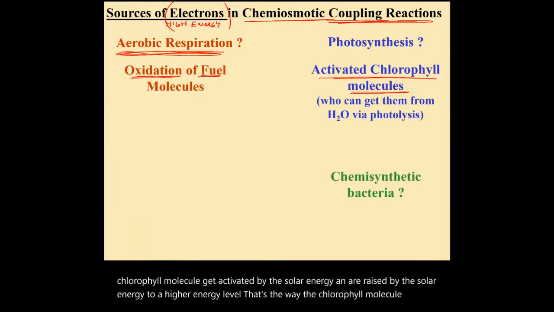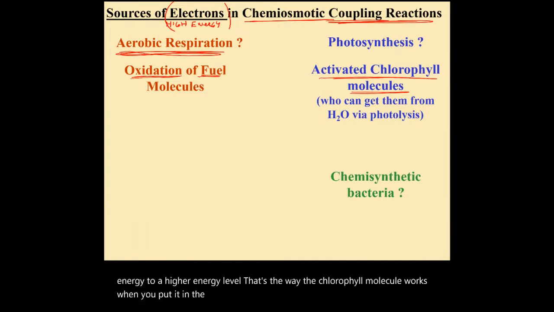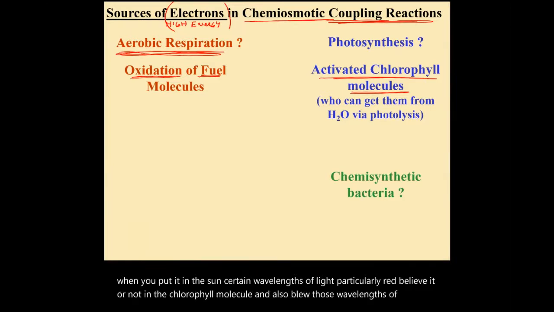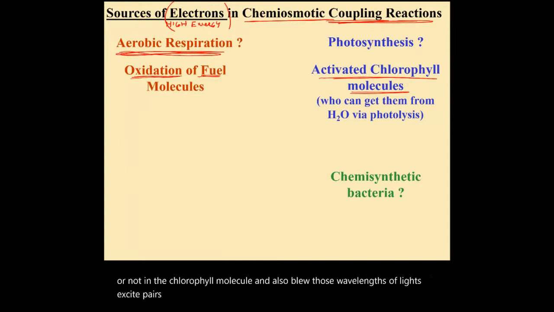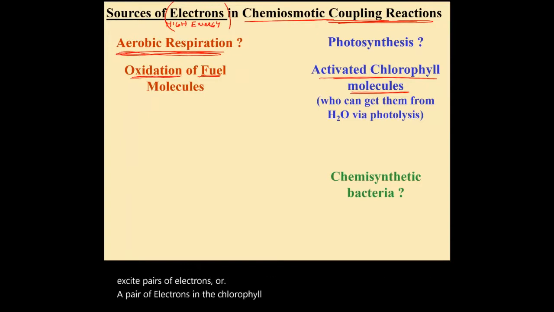When you put it in the sun, certain wavelengths of light, particularly red, believe it or not, and also blue, excite a pair of electrons in the chlorophyll molecule and raise those electrons to a higher energy level.